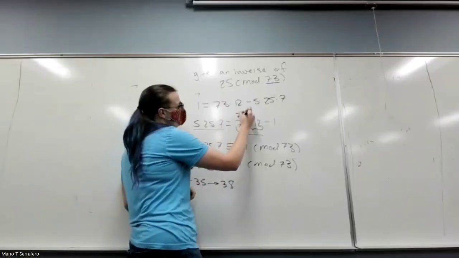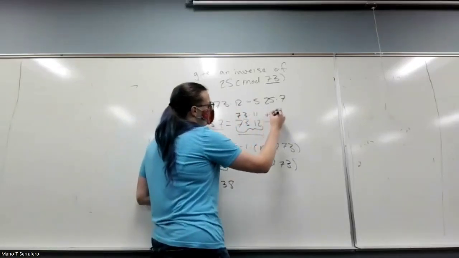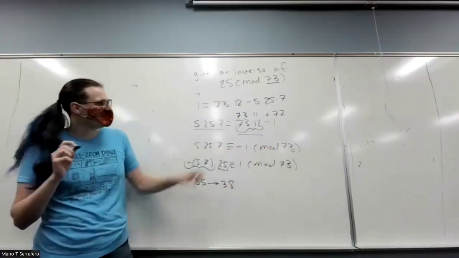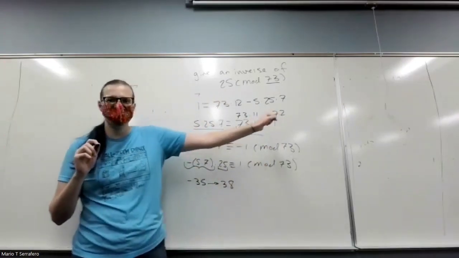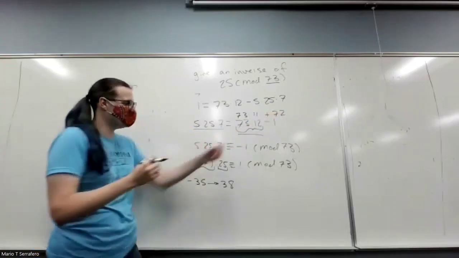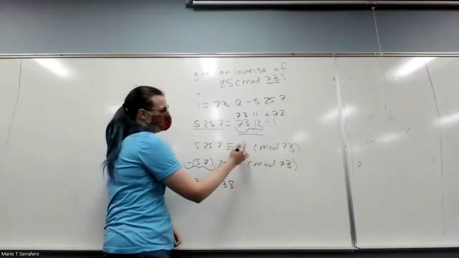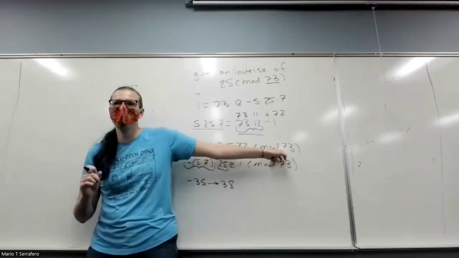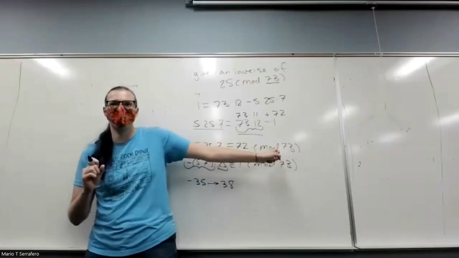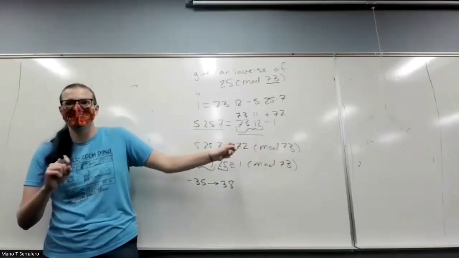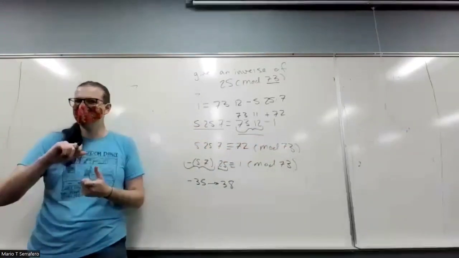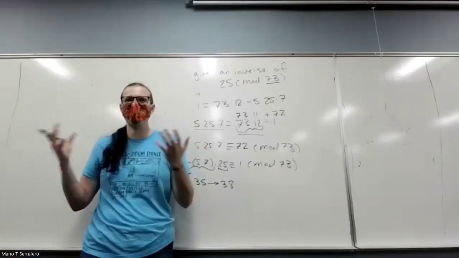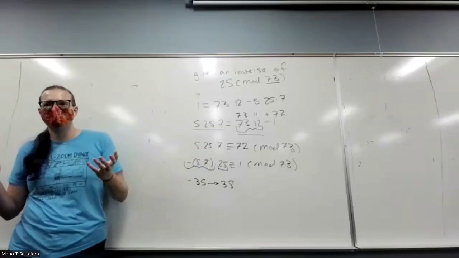I could say this is 73 times 11 plus 72. On board with that? Then I could have a 72 here. 72 mod 73 is equivalent to -1 because it's off by 1. So I can make the conversion at that step, if that is easier to think about in terms of remainders, because we don't usually have negative remainders. Does that help?